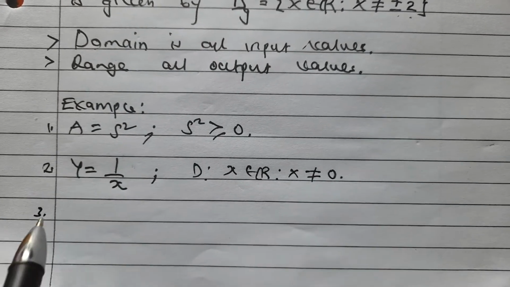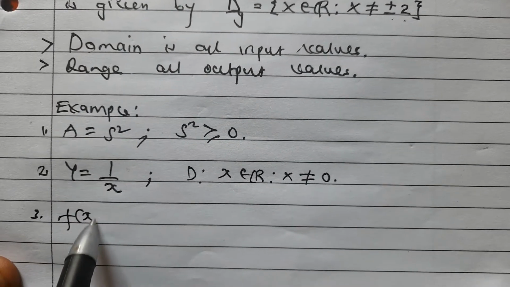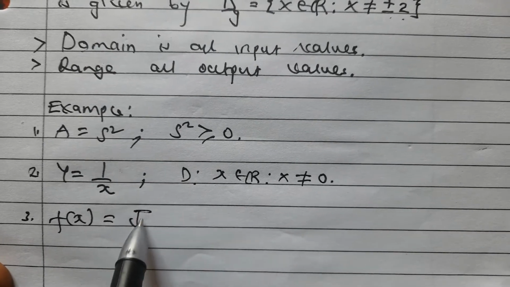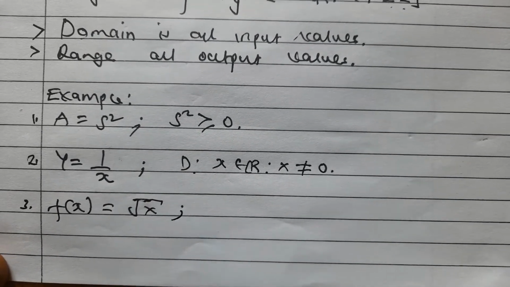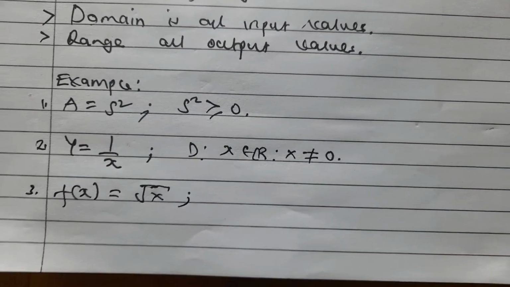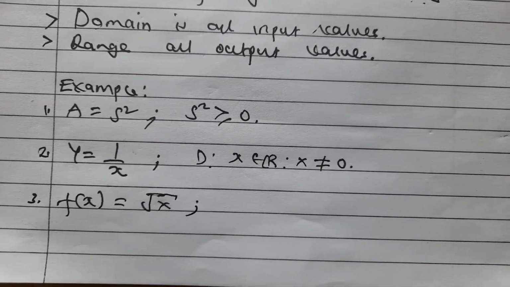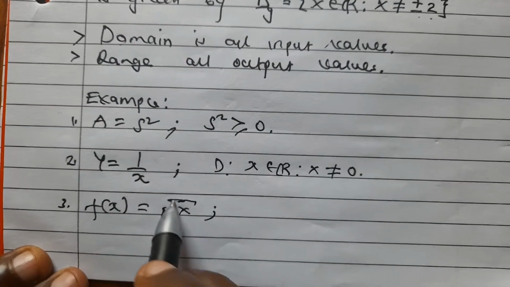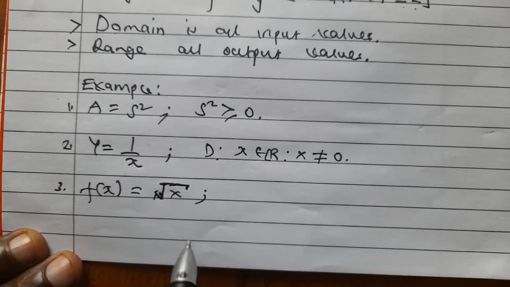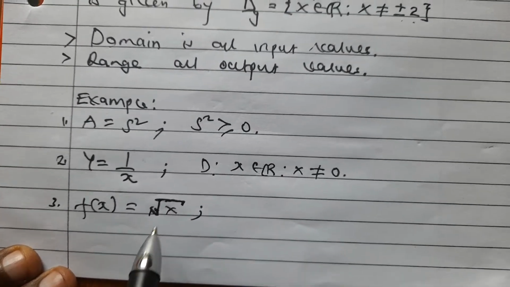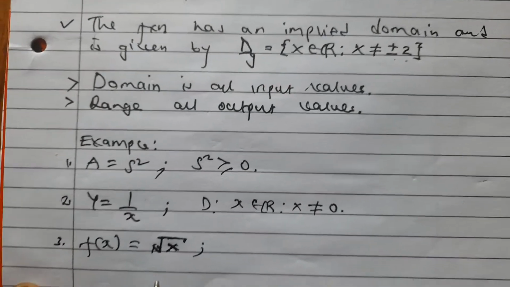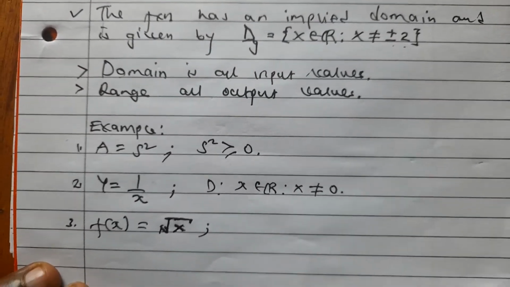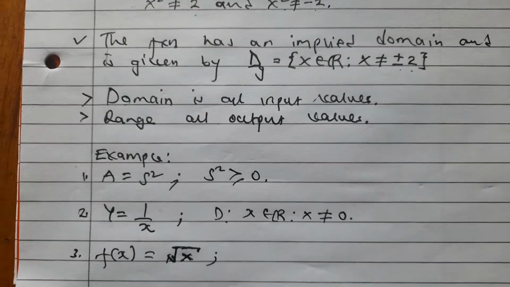Suppose I have another function, let's say f of x is equal to root x. We know that the square root of a number will always be getting the square root of a positive number. So this means that the function will be defined for all positive numbers except for negative numbers.